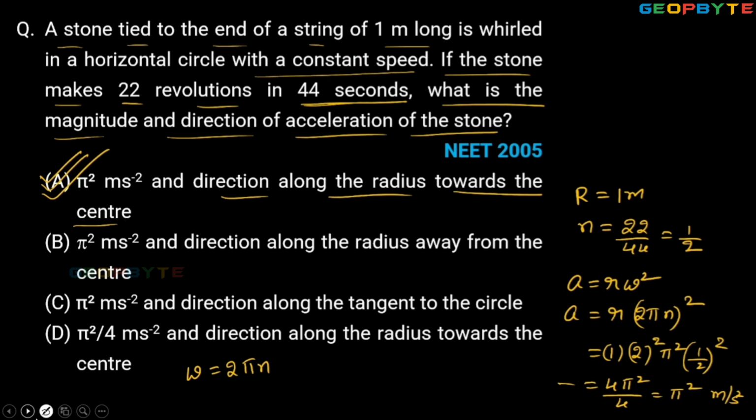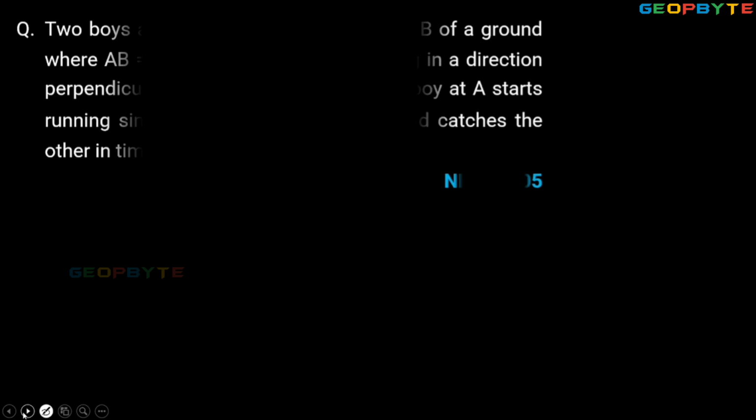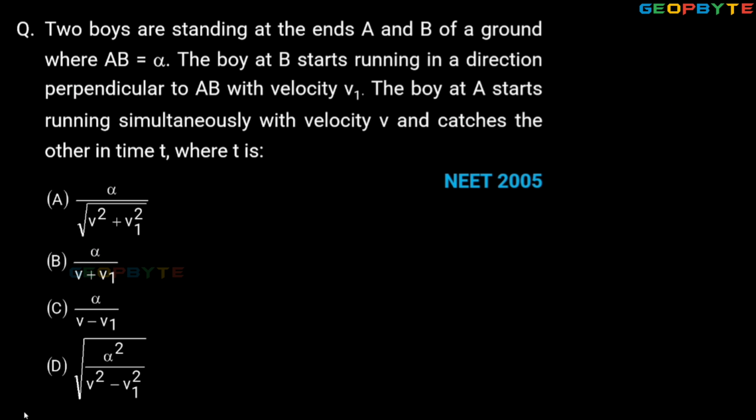Okay. Similarly, let us take another important problem asking like this. Two boys are standing at the ends A and B of a ground where AB equals alpha. A is the position of one boy, B the position of the other boy.